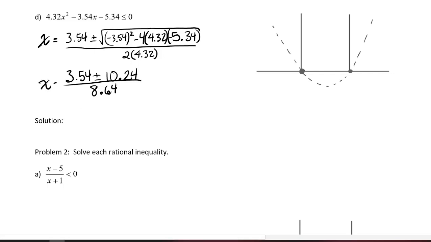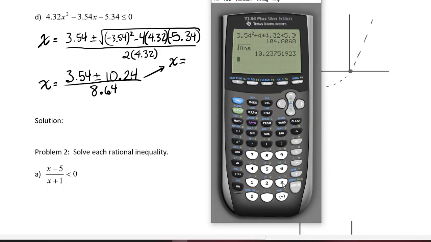So we have two solutions. x equals the positive version, so 3.54 plus 10.24 equals 13.77751, etc., divided by 8.64. So we have 1.59.